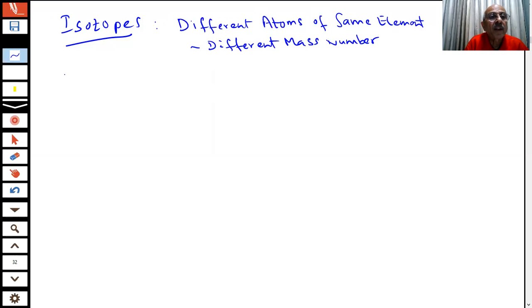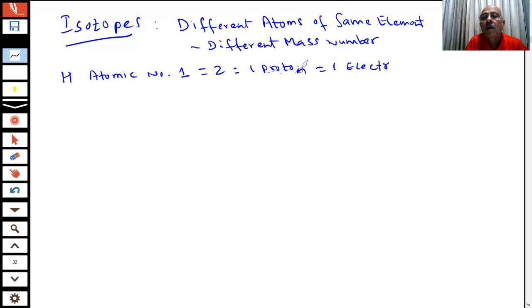For example, when they were studying hydrogen, what is the atomic number of hydrogen, students? One. Z equal to one means one proton, and also one electron. But when they were studying in nature, they found there were three atoms of hydrogen. Three were obtained.